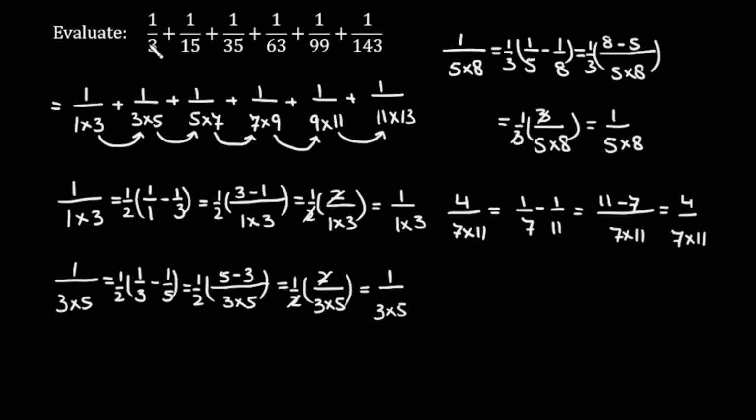So let us come to our real question. So this term can be written in the form of this term. So this term can be written in the form of this term, multiplied with 1 over 2 inside the bracket 1 over 3 minus 1 over 5. Same in this case. And similarly the next terms.